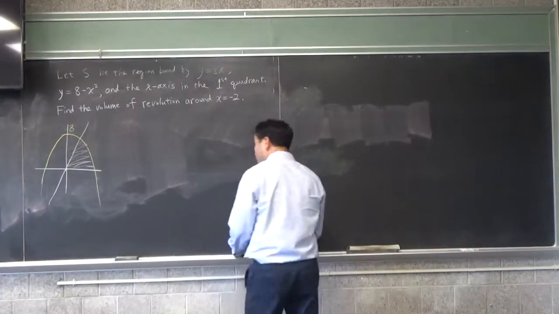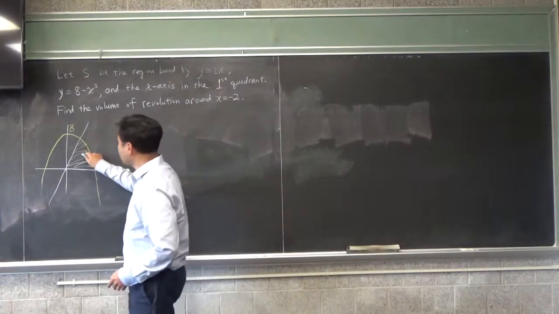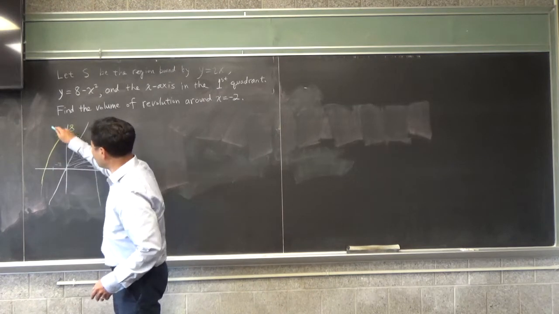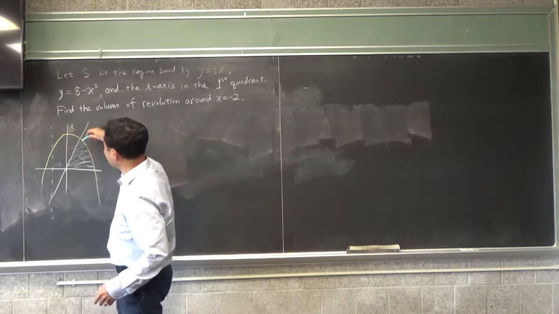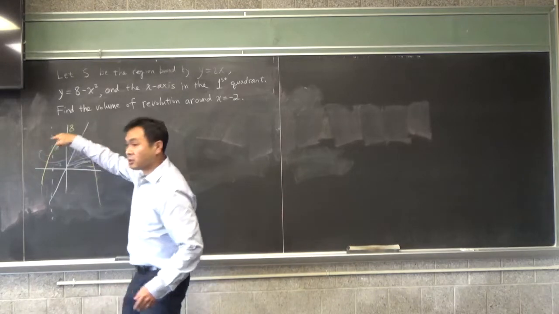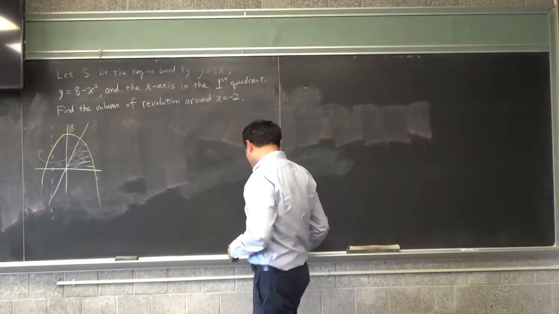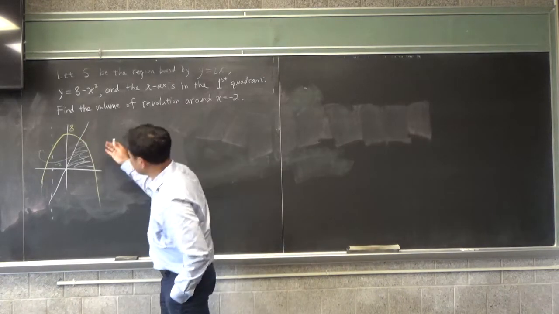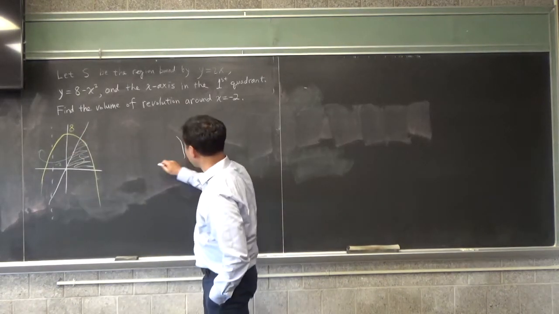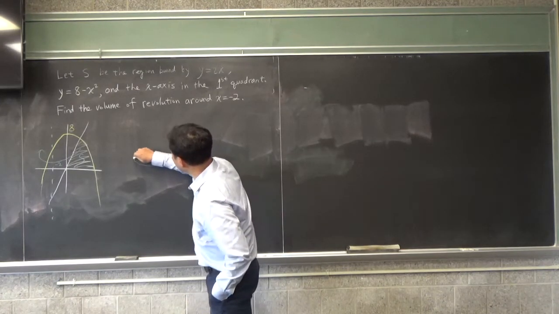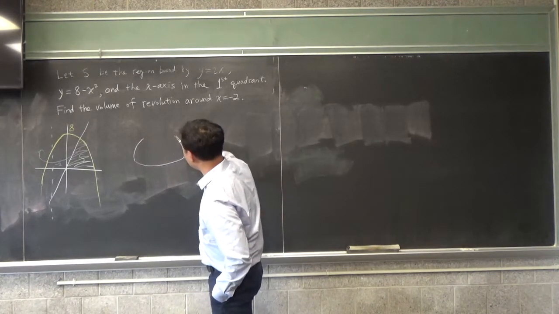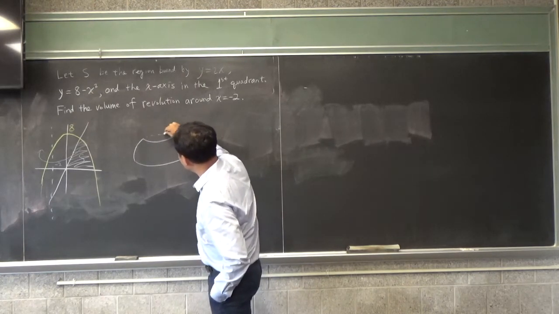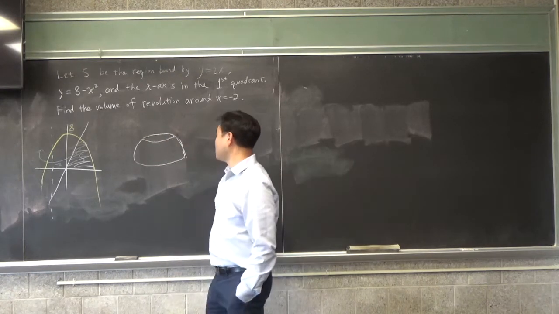It says we want to rotate that region S around y equals negative 2. So here's negative 2, and we're rotating this around here, just like that. The resulting picture must be something like this. As it rotates around, it creates some bowl-like thing, but the top won't be there.